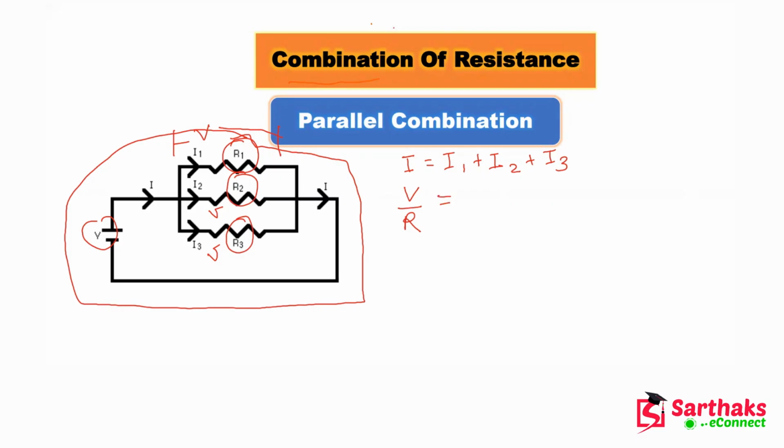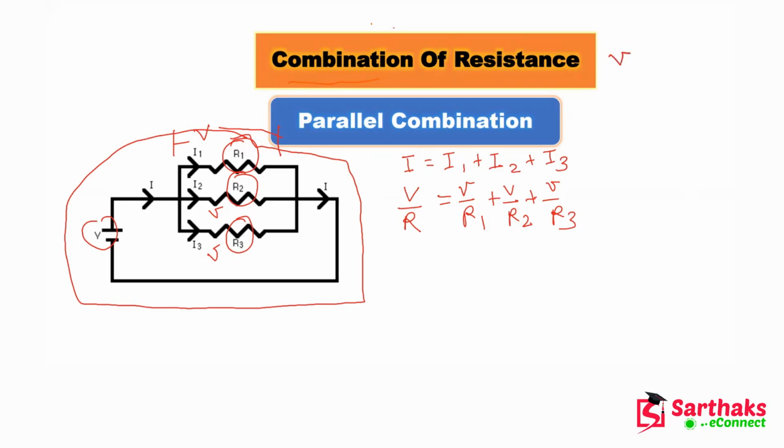Now what is the value of I1? I will simply write it V upon R1. What is the value of I2? I will simply write it V upon R2. What is the value of I3? I will again write it V upon R3. Now you might wonder how I can write this.